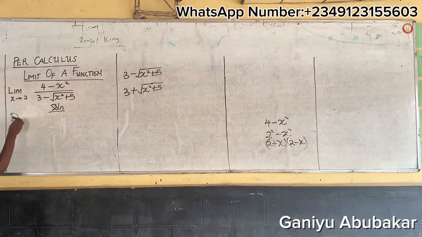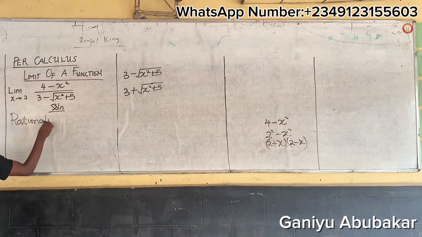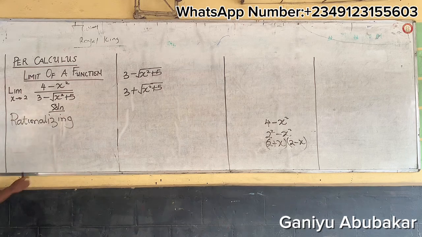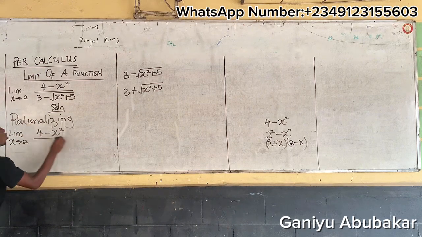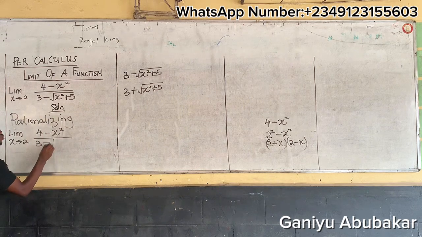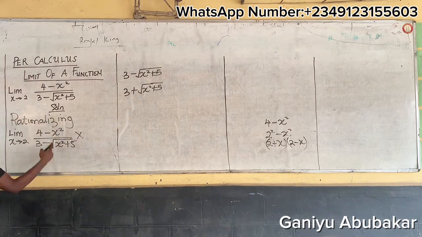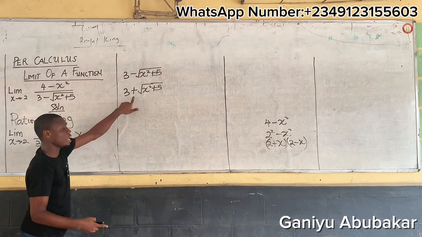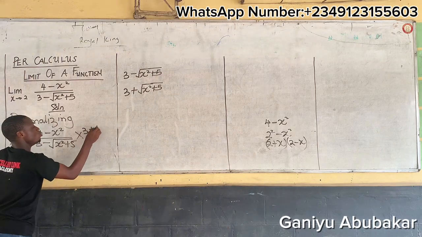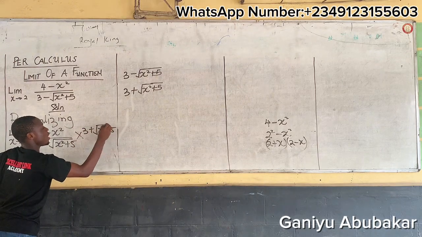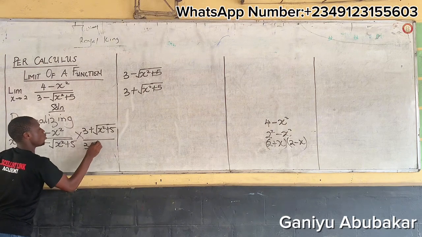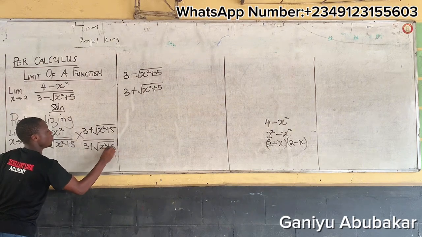So at this point, rationalizing, what do I get? The limit as x tends to 2 of 4 minus x squared all over 3 minus root of x squared plus 5. Multiply numerator and denominator by the conjugate, which is 3 plus root of x squared plus 5 all over 3 plus root of x squared plus 5.